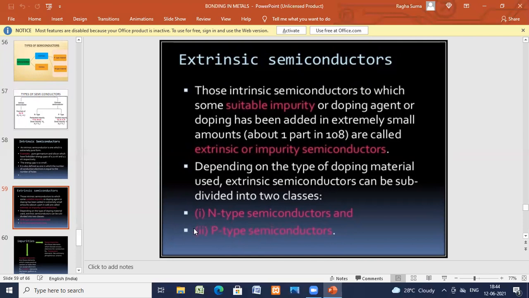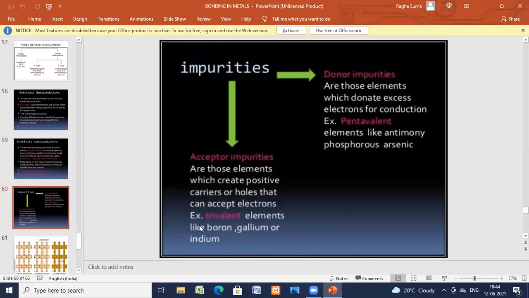N-type is due to the negative charge, P-type due to positive. So what is an N-type? The impurities are of two types. Donor impurities are the elements which donate excess electrons for conduction. Example, pentavalent elements like antimony, phosphorus, arsenic.